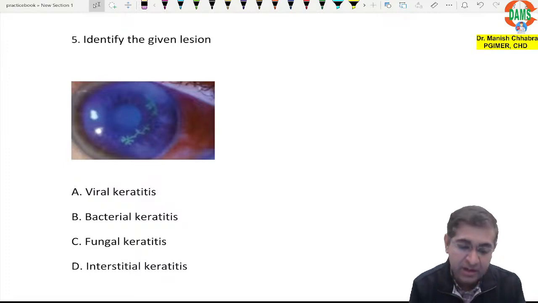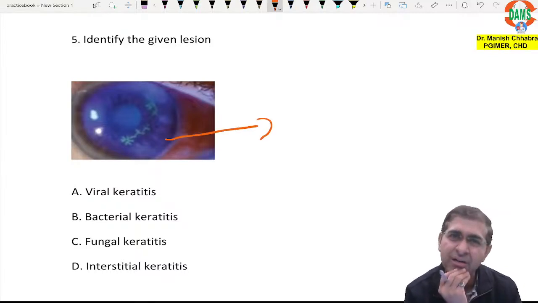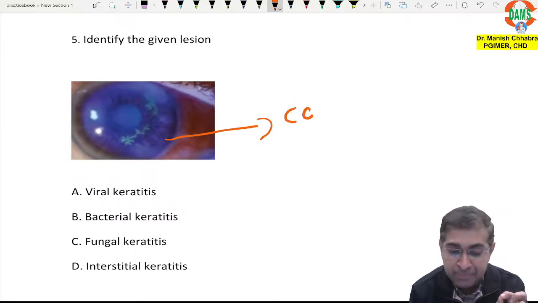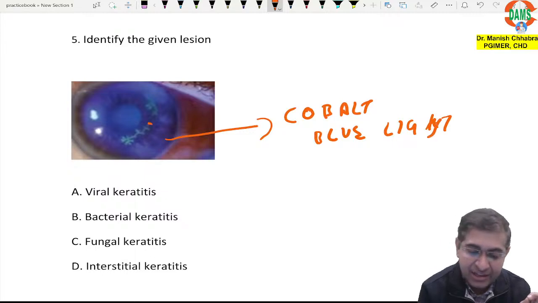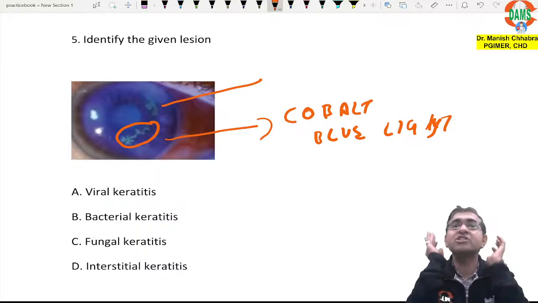So identify the given lesion. What is this? Cornea is blue in color? Am I correct? No. Actually, I am seeing the cornea under a special light, which is your cobalt blue light. And what is this green thing you are seeing? So my dear friend, you stain the cornea with a special dye.